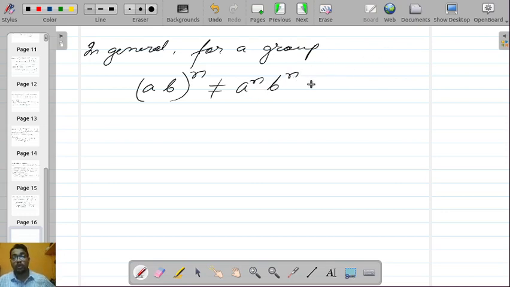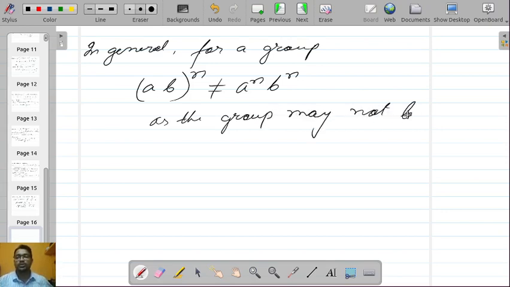Okay, but for commutative groups it is the same. So in general for a group, ab whole to the power n cannot be written as a to the power n into b to the power n, as the group might not be commutative. Okay, so in general this doesn't hold.